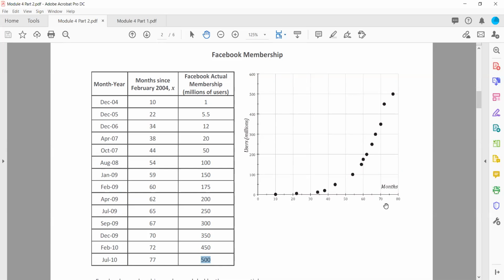On the horizontal axis, you have the number of months: 10 months, 22 months, 34 months, 38 months, 44, 54, and so on. And on the vertical axis, we have our dependent or response variable, which is the number of users in millions. As you can see, it's not a linear pattern. The pattern that you see here is exponential.